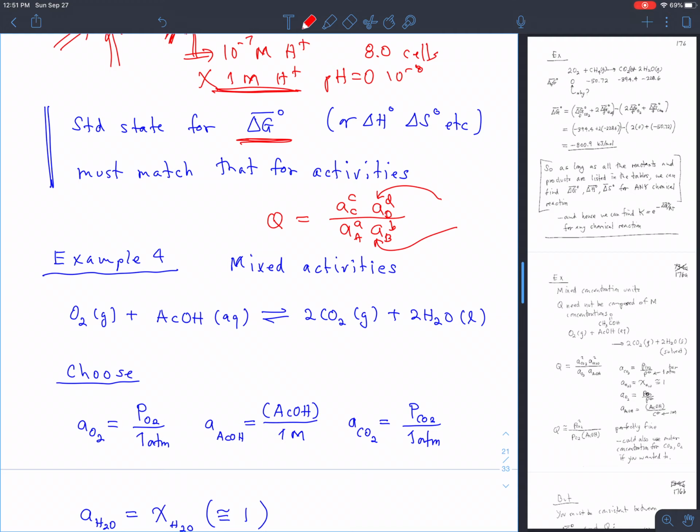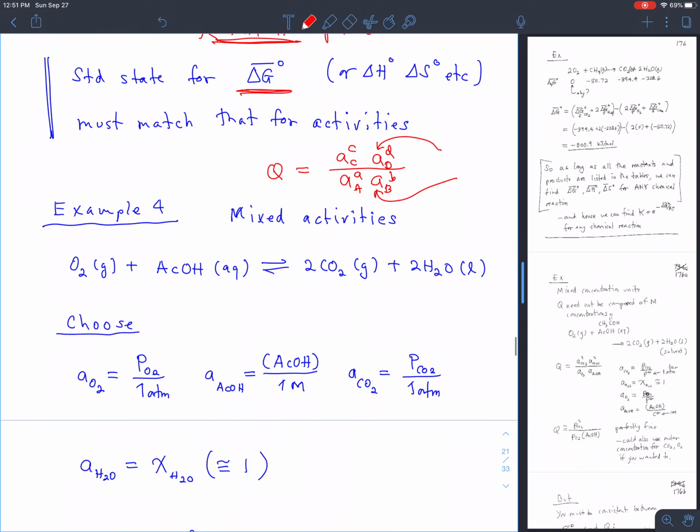They don't have to all be concentrations. They don't have to be mole fractions. They can involve pressures and other kinds of measures of concentration if that's convenient and in keeping with the standard states that you use to get a delta G value.